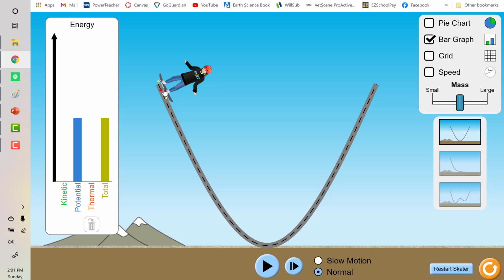So why does it have the highest amount of gravitational potential energy there? It's because its weight, which is constant, is as high above the bottom of the track as it can be. Therefore, it has the most potential to fall and do work.